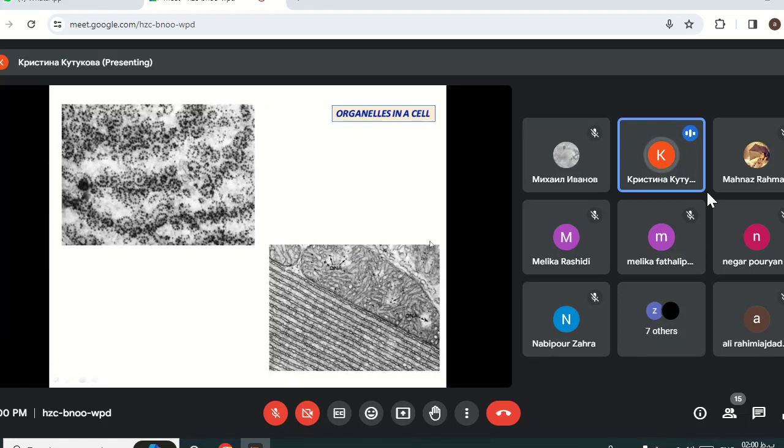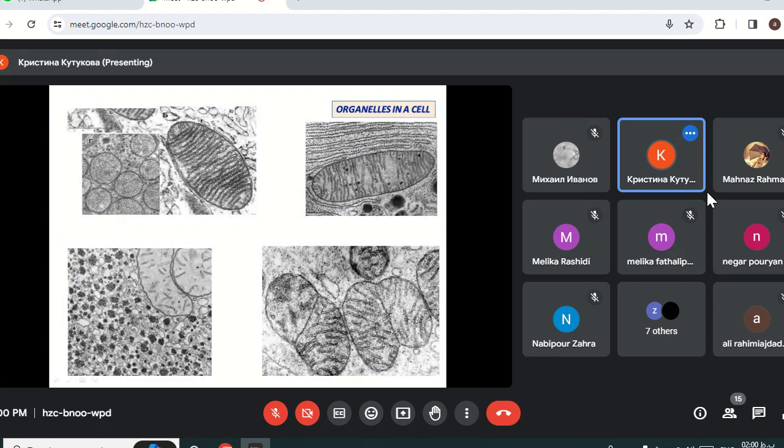And in lower picture you can see the mitochondrium with lamellar cristae, with DNA and calcium content, and some endoplasmic reticulum. Here, in the upper picture, mitochondrium with lamellar cristae, and in left part insertion, these are mitochondria with tubular vesicular cristae.